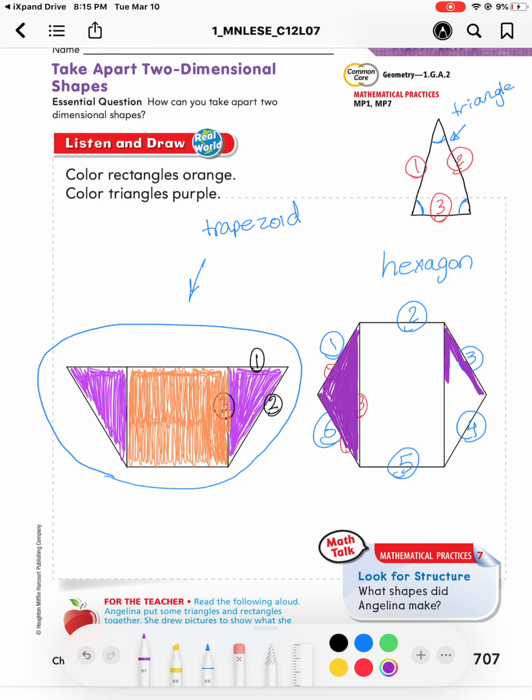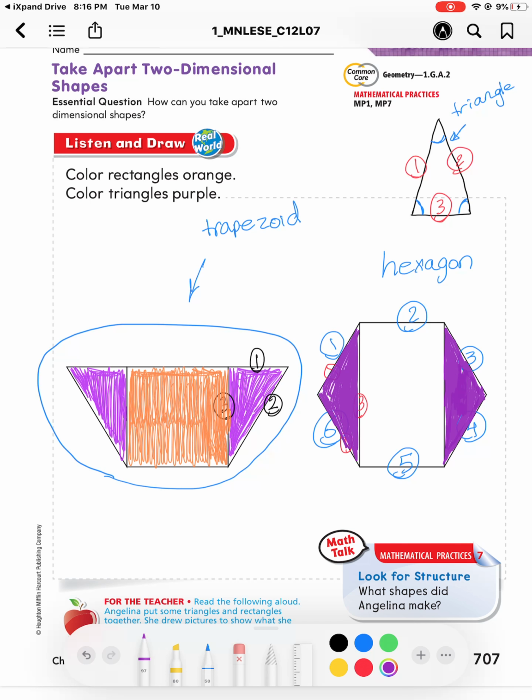Excellent. This is the other triangle. And as I told you before, a triangle should have how many sides? 3 sides. That's why we say triangle, because tri means 3. Now, the middle shape, between the 2 triangles, as you see, has 2 long sides and 2 short sides.